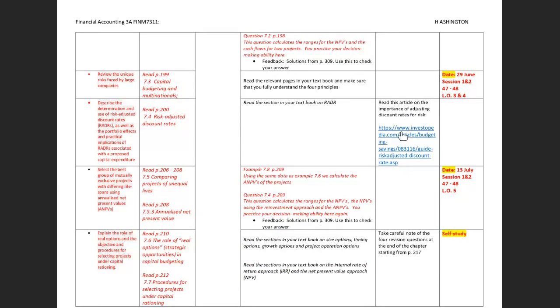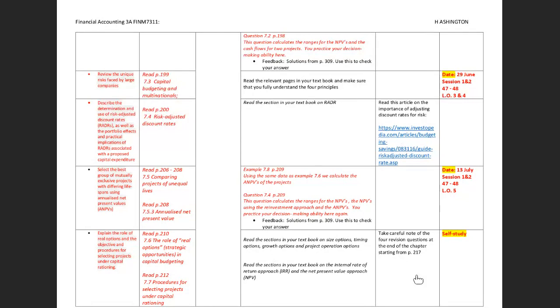And then again, anything that's useful as an outside source for you to read or watch. So this is risk-adjusted discount rates, a little explanation of that in an article.